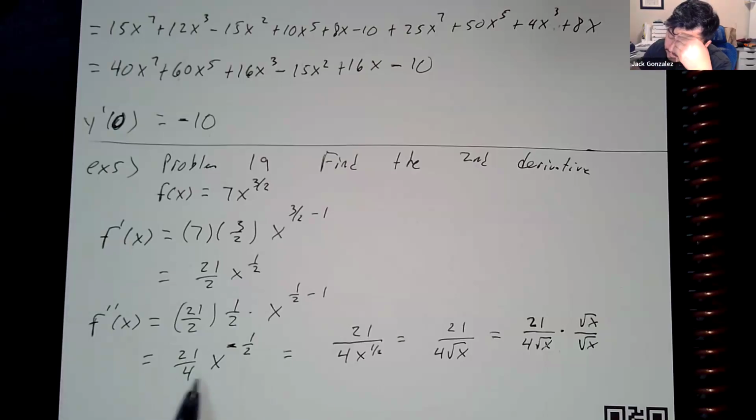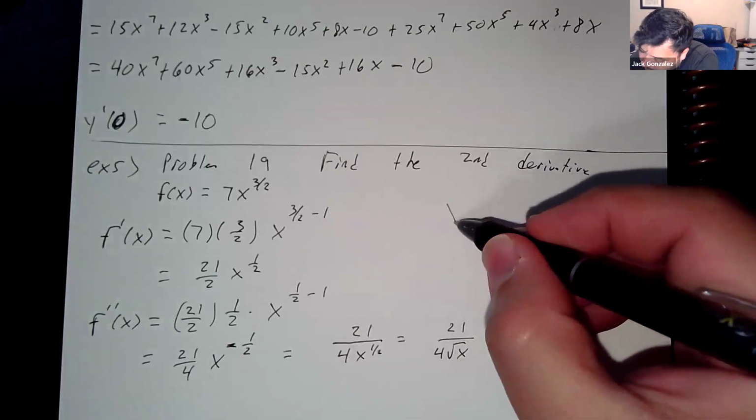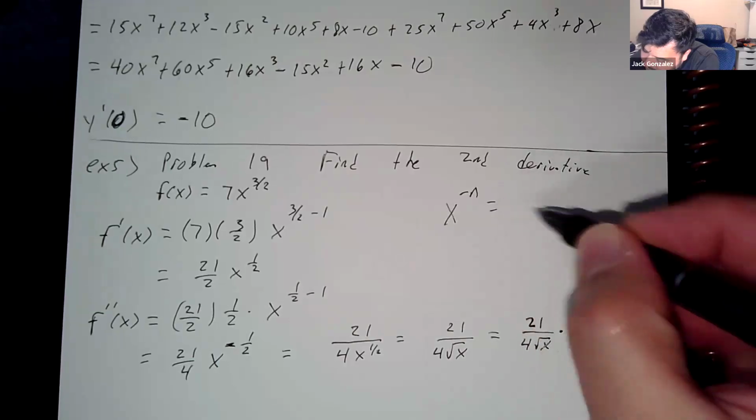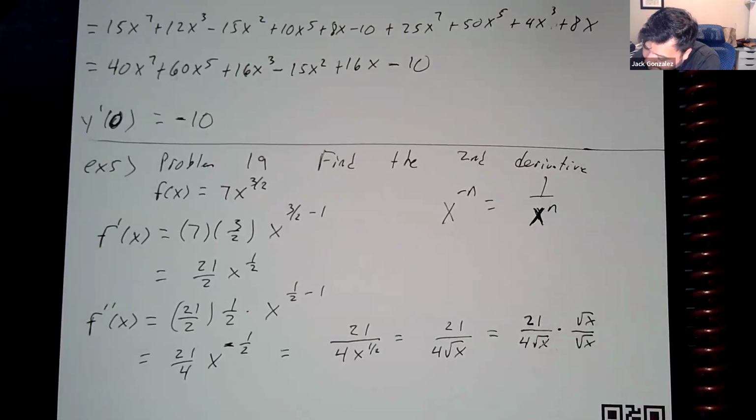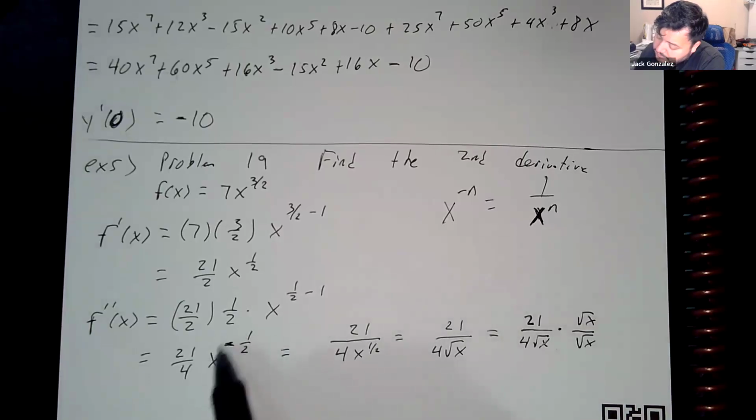So, if there's a negative power, that means you could bring it down to the denominator, right? This one was already down there, so I brought them to the bottom together. Remember, the negative power means 1 over the positive version. So this becomes 1 over this.